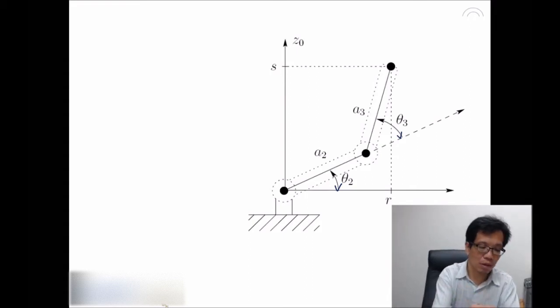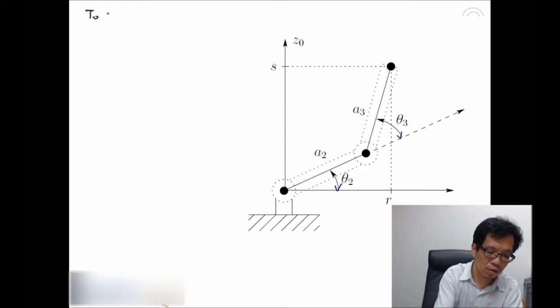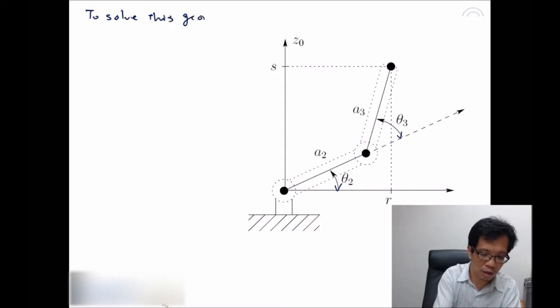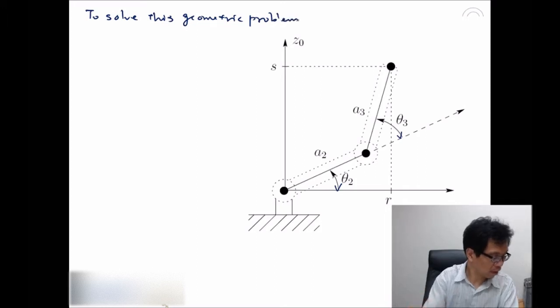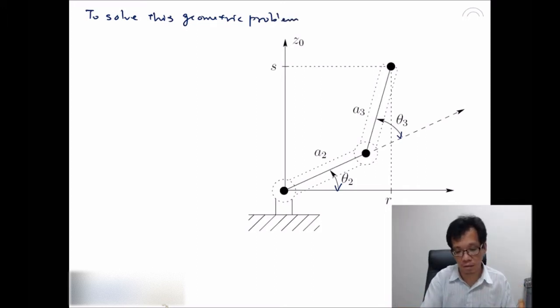But before we start to solve this geometry problem, we're going to apply the law of cosines. But when we apply the law of cosines, we need to know which triangle we're actually dealing with. So for now, what we're trying to deal with is actually this one.